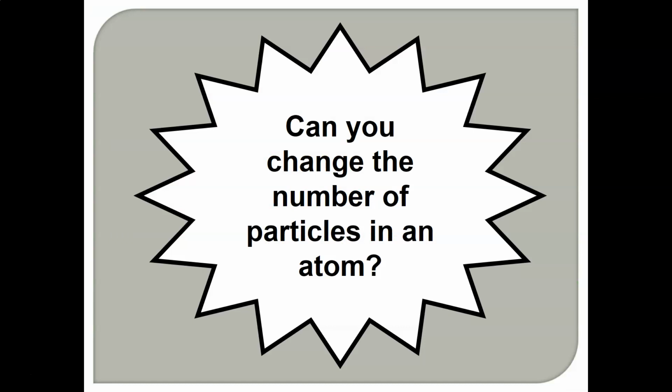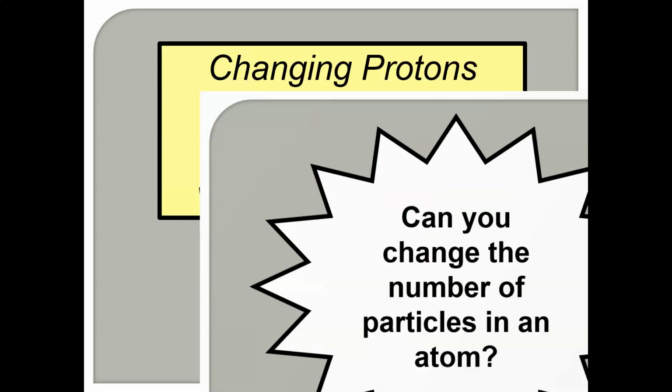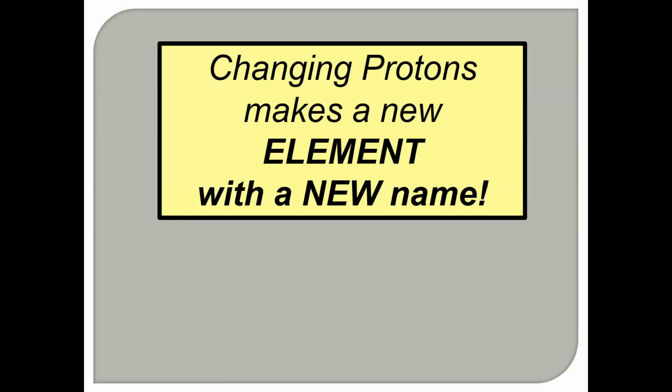Now what we're going to do is look at what happens when we take an atom and start changing the number of particles inside of it. If we change the number of protons, we're going to get a brand new element with a brand new name. So sometimes you'll hear people say that the number of protons determines the name of the element.